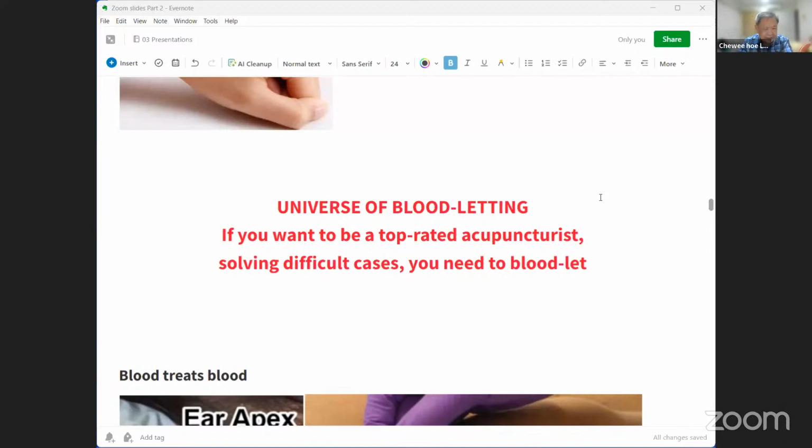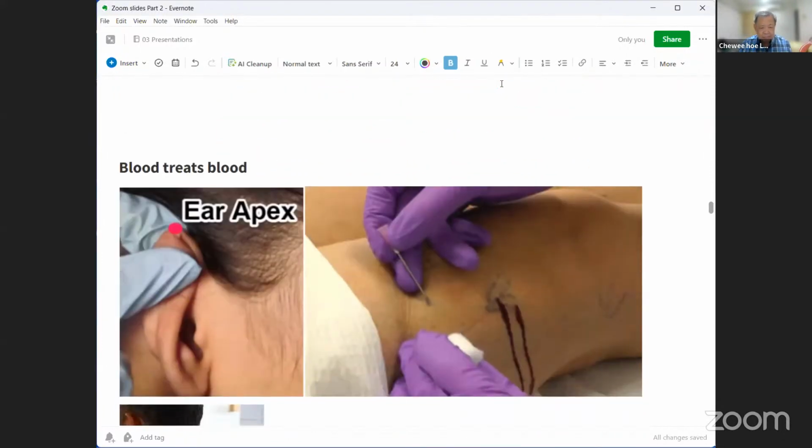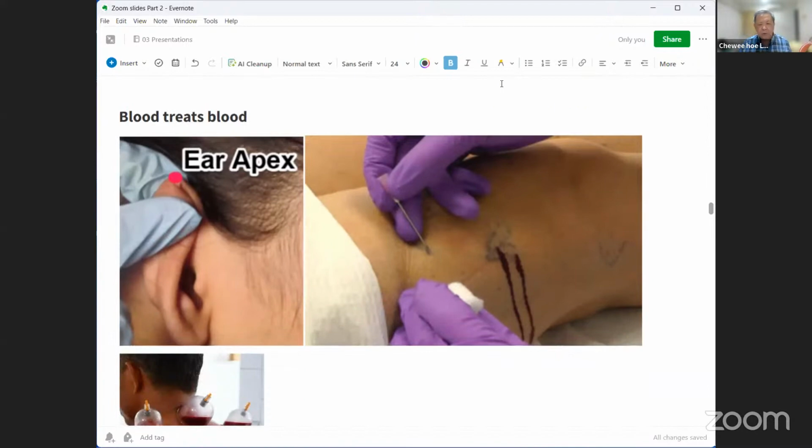When you bleed the ear, you trigger all the meridians around the ear, all right? And that is like the whole body. So although blood treats blood is like a small principle in Tung, in procedure, it is a big topic.